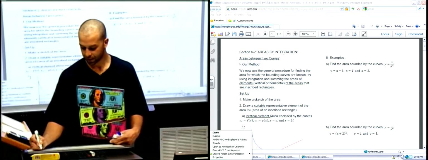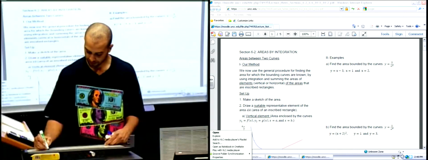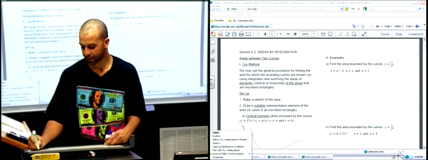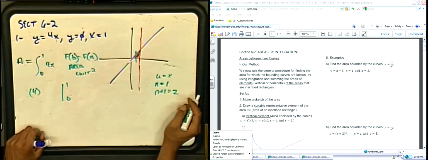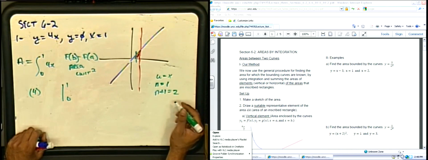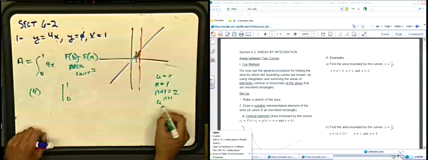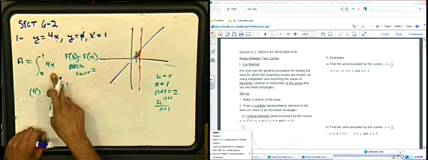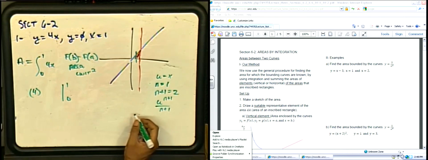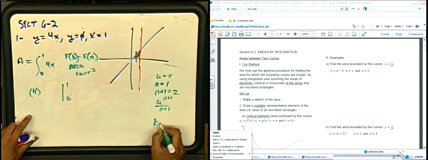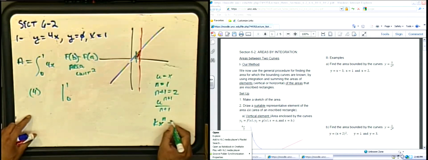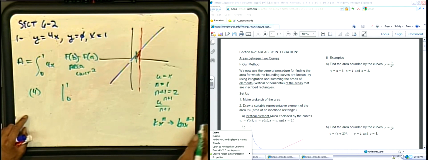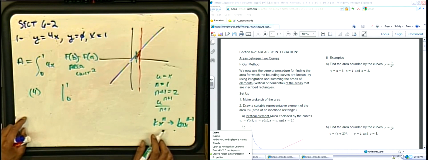So u equals x, n equals 1, n plus 1 equals 2. U to the n plus 1 over n plus 1. They give you n in this case. In the case where we use this, they give you n minus 1.